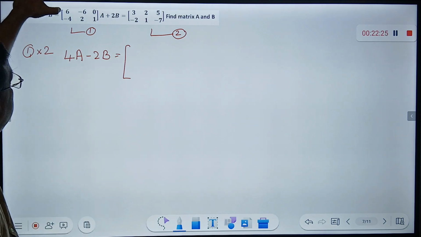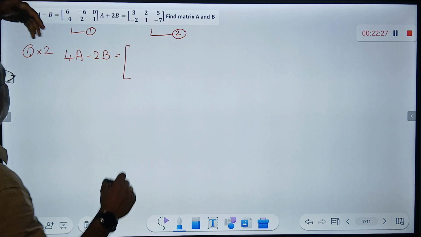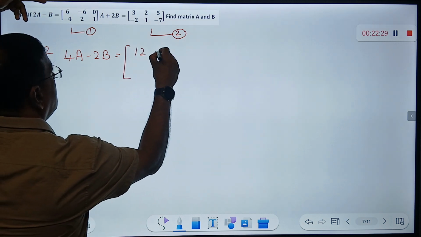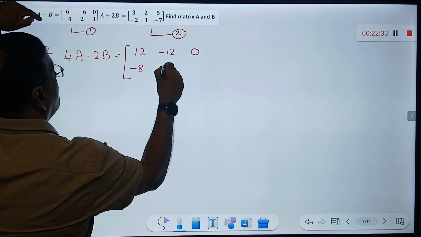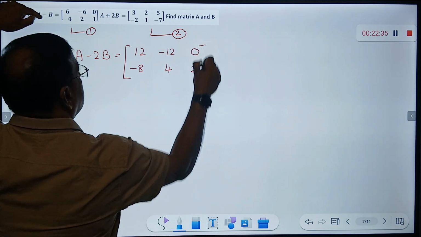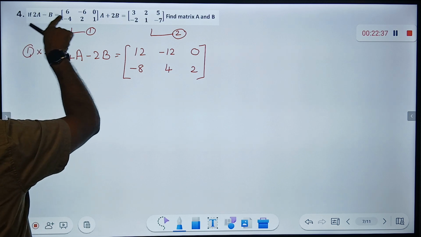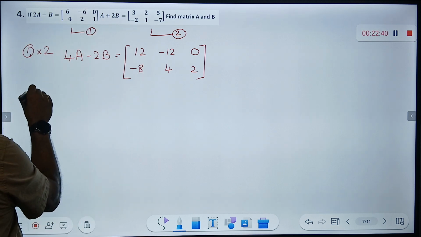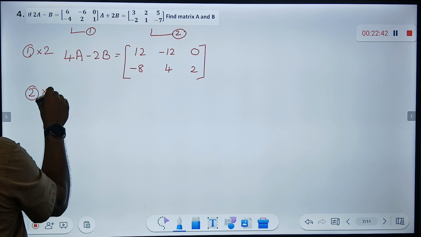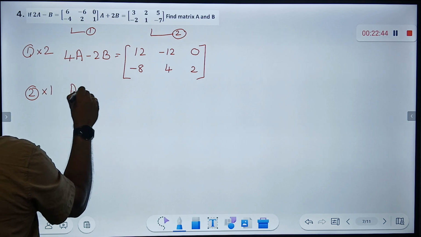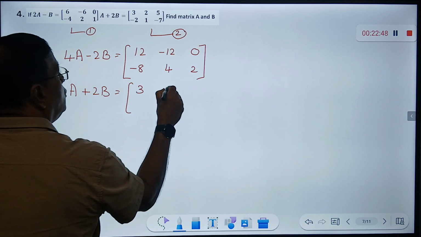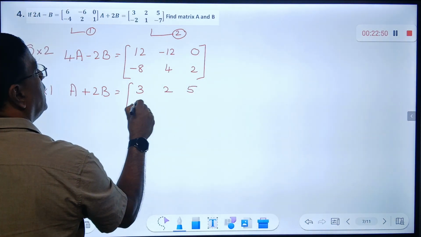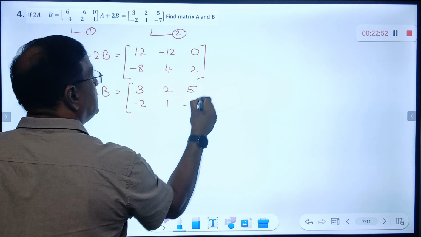this also should be multiplied by 2. So scalar multiplication: 12, minus 12, 0, minus 8, 4 and 2. Every element is multiplied by 2. Now I take the second equation and I multiply it by 1. This is a plus 2b equal to 3, 2, 5, minus 2, 1, minus 7.